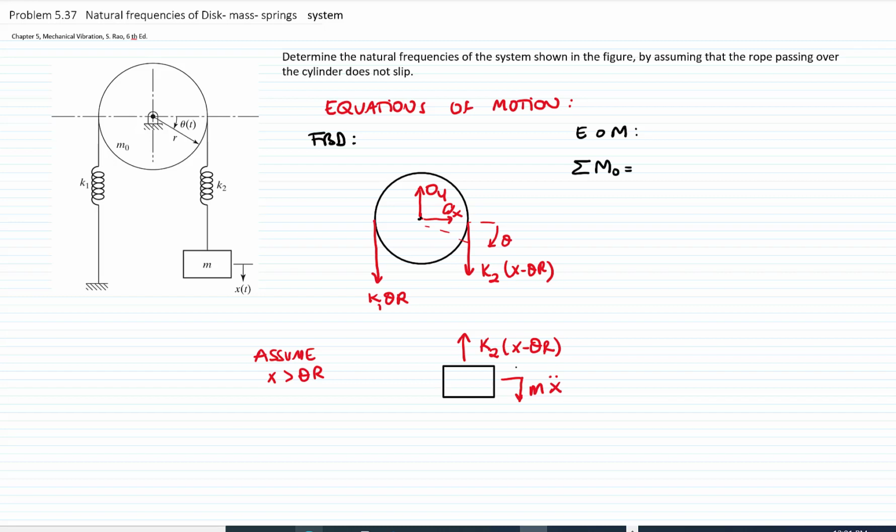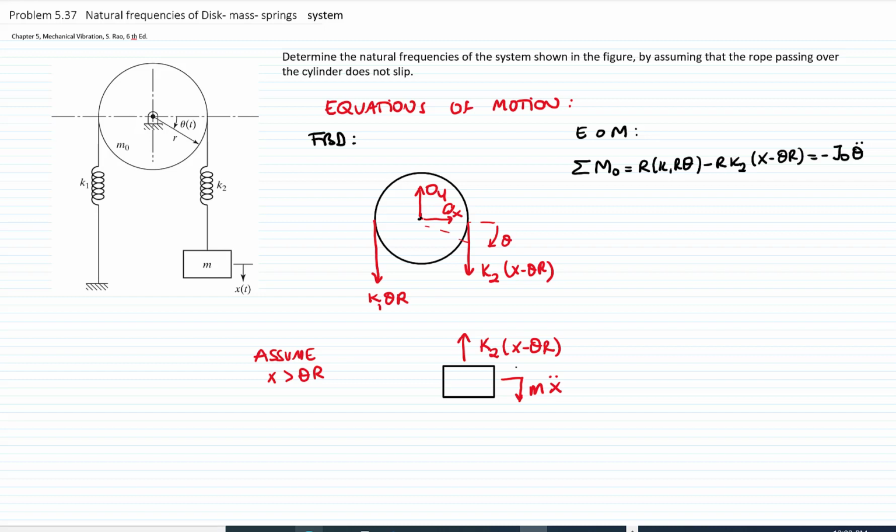Let me do now the equations of motion. I will take moment at point O, and external moment will be equal to kinetic moment. The moment done by the force of the spring is r times k1 theta r and negative r k2 times x minus theta r, and that's equal to the mass moment of inertia times theta double dot, which is the acceleration.